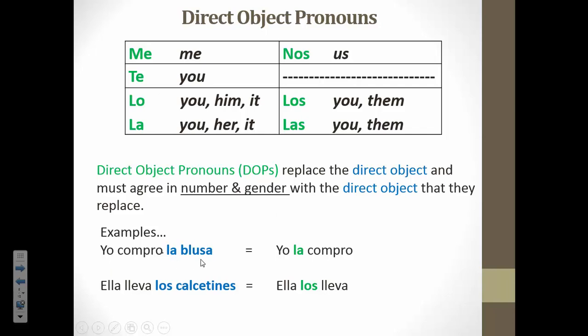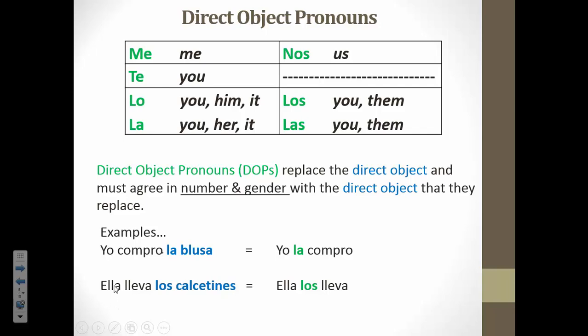Now because it's I buy the blouse, we see that the blouse is feminine. And we also know that we want to say I buy it. So look at our options. We have lo and we have la. Now because la is feminine, it has to agree with the object it has replaced. So la is the answer here. Yo la compro, I buy it.